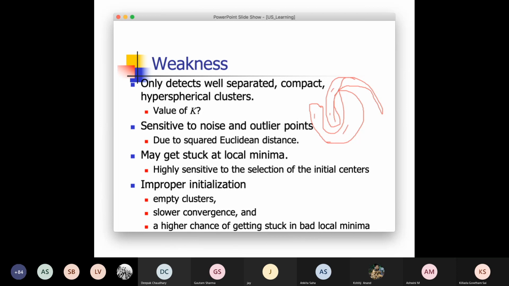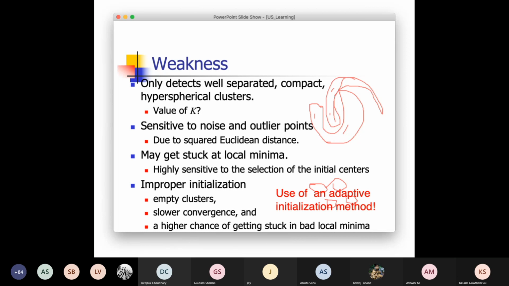It is very difficult to extract this kind of clusters using K-means. A spherical shape means I have clusters like blobs. These are good cases to apply K-means. So you should know the number of clusters, and the cluster shapes should not be very arbitrary. They should have some kind of blobbiness or spherical shape.